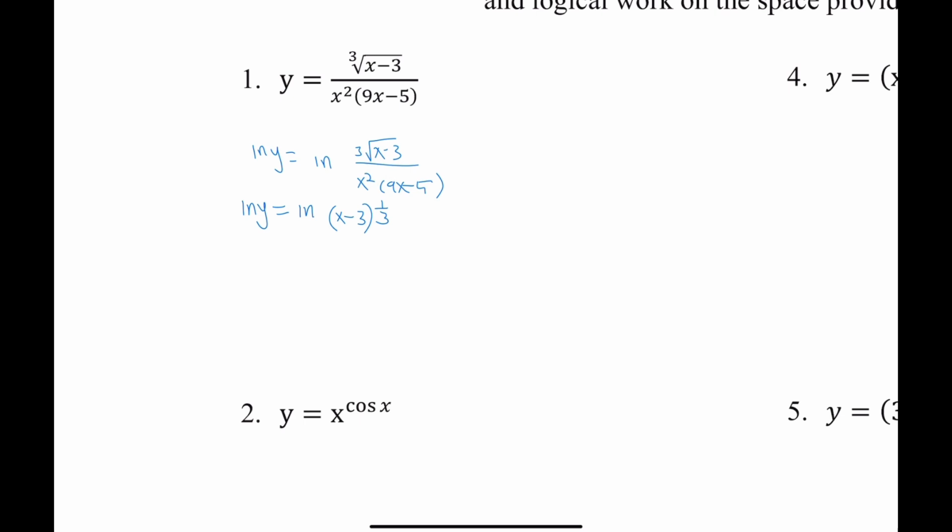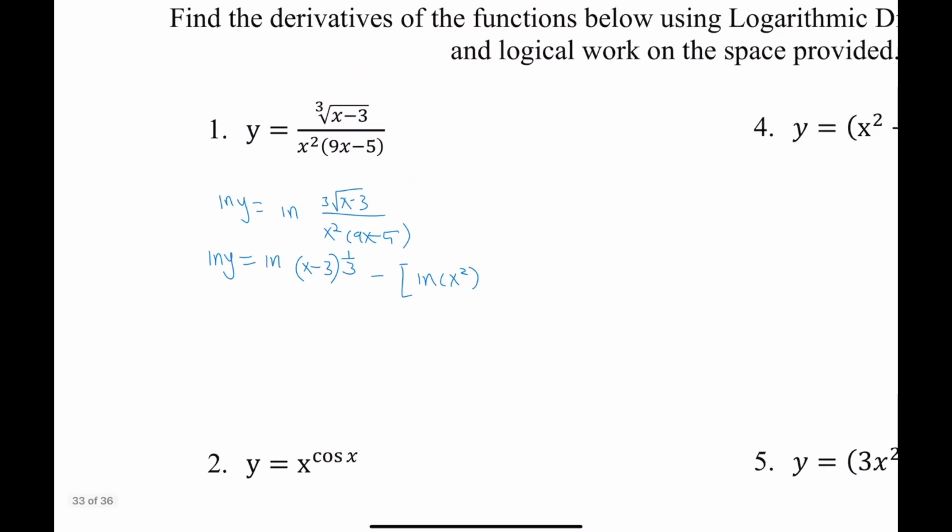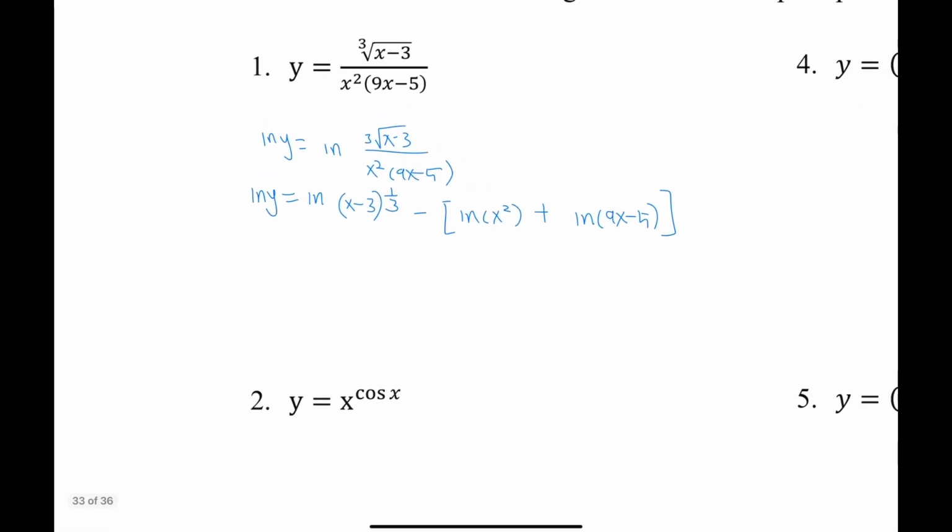And then minus, since it's a division, ln x squared, and then plus ln 9x minus 5. Okay, so this is it, and then we have ln y equals 1/3 ln x minus 3 minus ln x squared plus ln 9x minus 5.